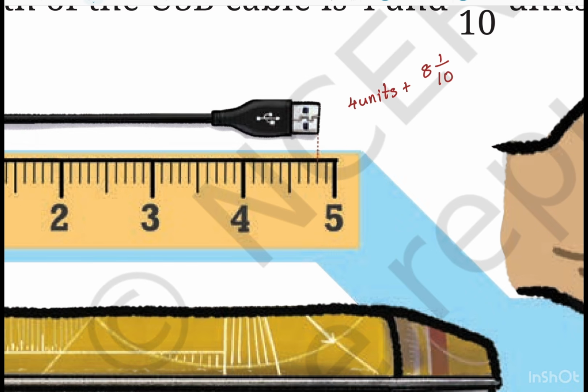So we can write 4 units as 40 by 10 plus 8 by 10. So 48 by 10 is the answer, and it can be written as 4 8 by 10 units.